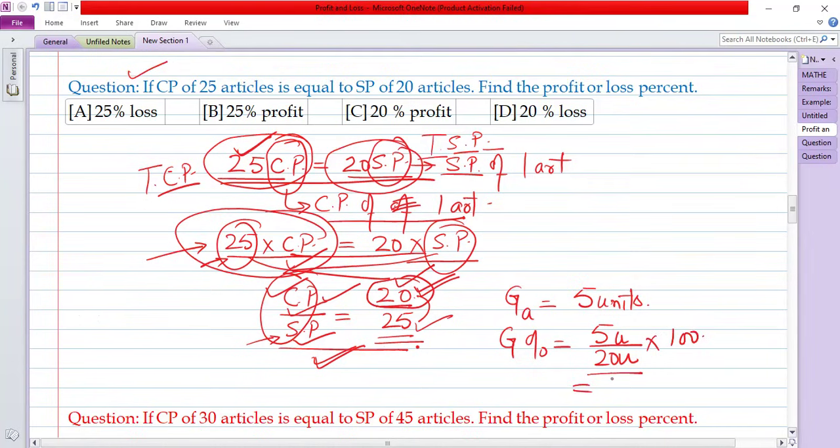So we just have to cancel out this 25. So 5 into 5, that is 25%. So means there is a gain of 25%.